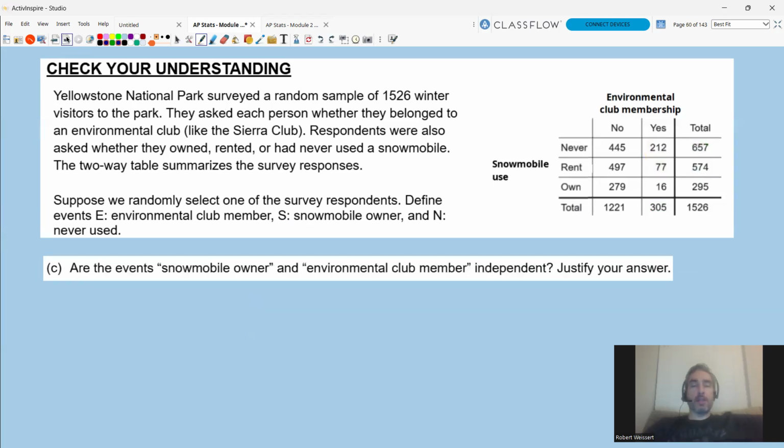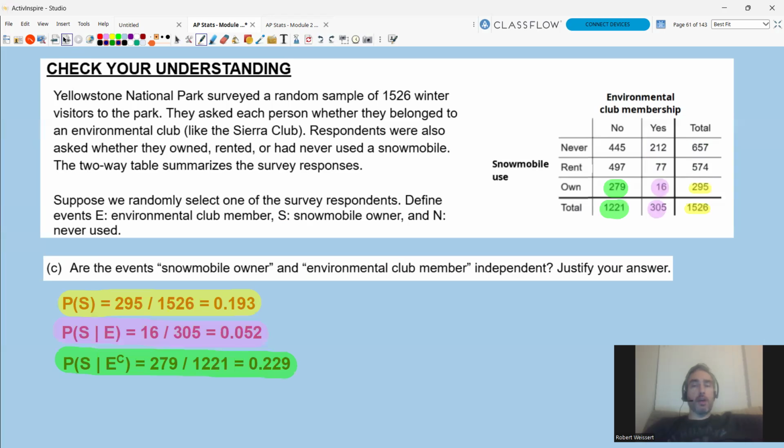And then finally, are the events snowmobile owner, environmental club member, independent? Justify your answer. And in this case here, if you just do a few divisions here, the probability that they're a snowmobile owner in general is going to be 295 out of 1526, so about 19.3%.